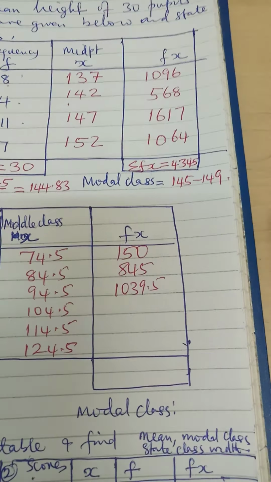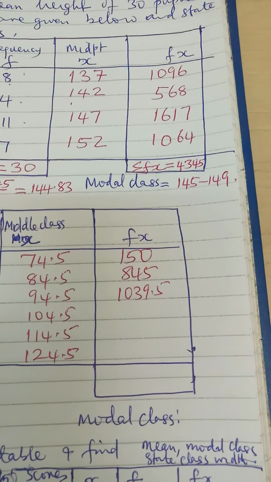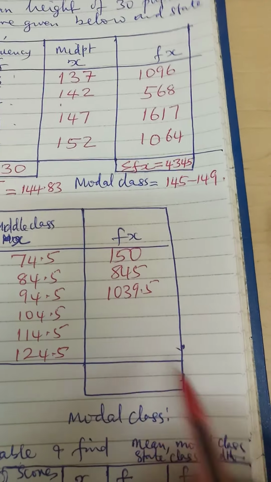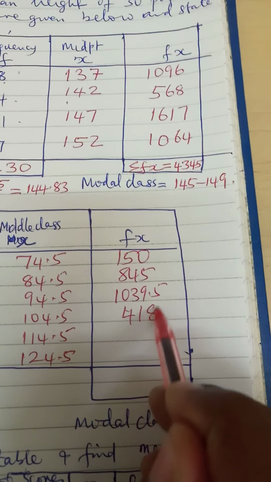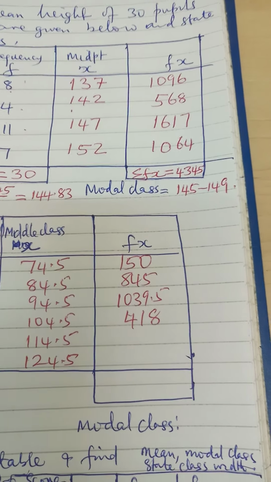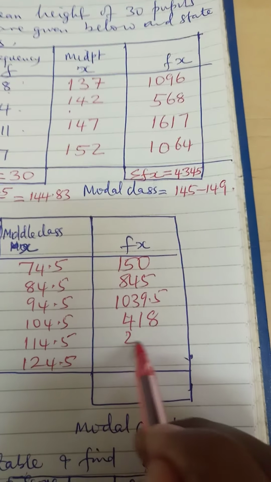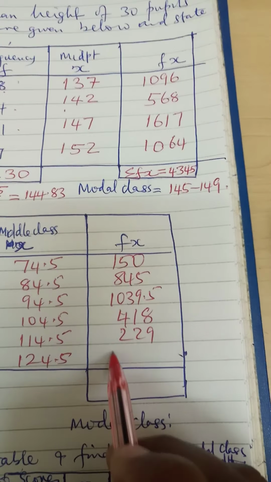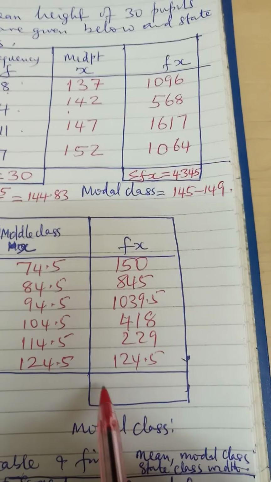For the next one, 104.5 times 4, we get 418. 114.5 times 2, we get 229, and this stays 124.5.